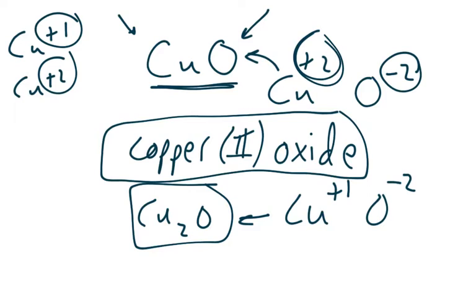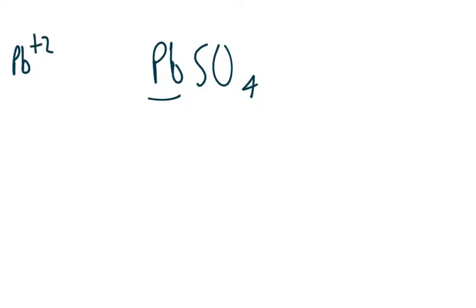Let's try another one. So let's say you had PbSO4. Okay? So here, if you recall, lead is one of those post-transition metals. Lead can either be +2 or +4. Okay? Again, if you want to find out which lead we're using, the trick is to figure out what the sulfate charge is.